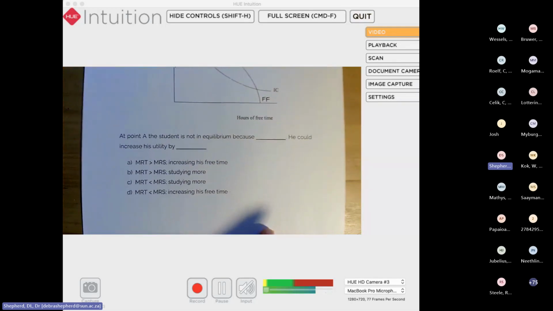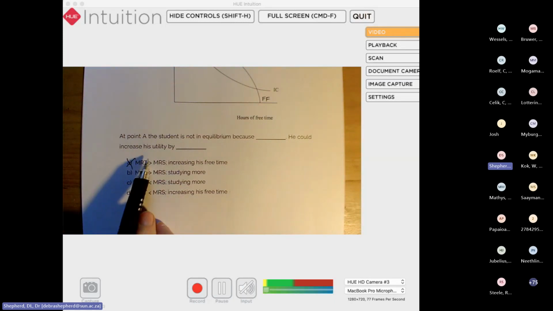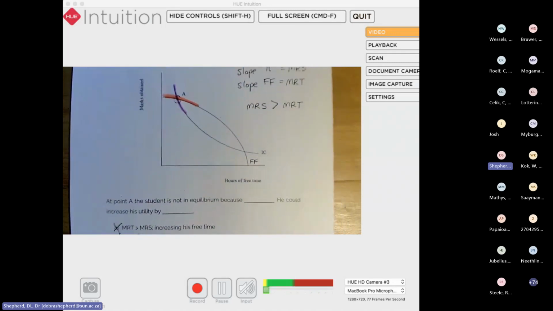So if I go to the question, I can immediately eliminate A because the MRT is not greater than the MRS. I can eliminate B because MRT is not greater than the MRS. So now I have to choose between C and D. So is this person going to increase their utility by studying more or spending more time not studying?